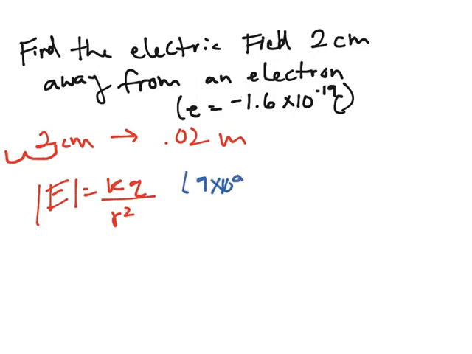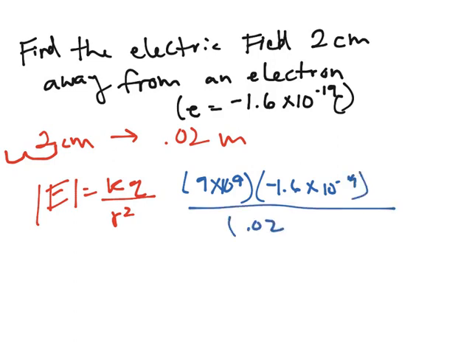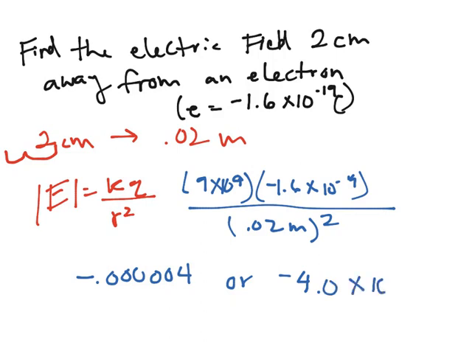Q in this case is negative 1.6 times 10 to the negative 19th over r squared, which is 0.02 meters squared. This will give you 0.00004, or if you're writing in scientific notation, 4.0 times 10 to the negative 6.